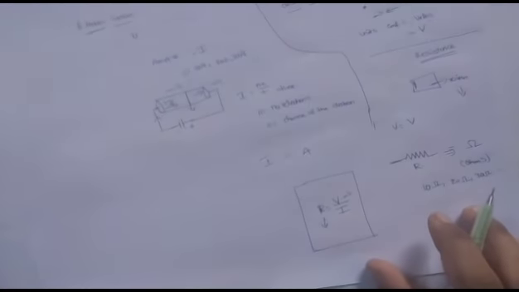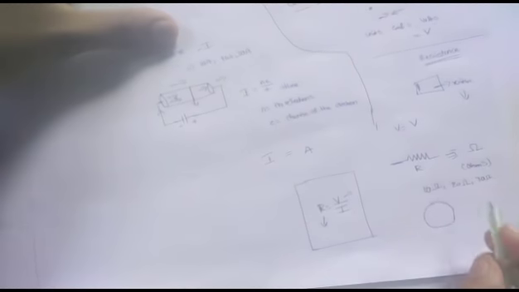Let us draw a picture so you can understand. Here we have a resistor, and here we have a cross sectional area, which should be measured in square meters.